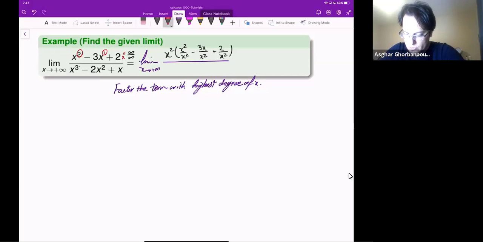In the denominator, the highest degree is 3, so I factor out x to the power 3, and get x cubed over x cubed minus 2x squared over x squared plus x over x. I can simplify these terms.